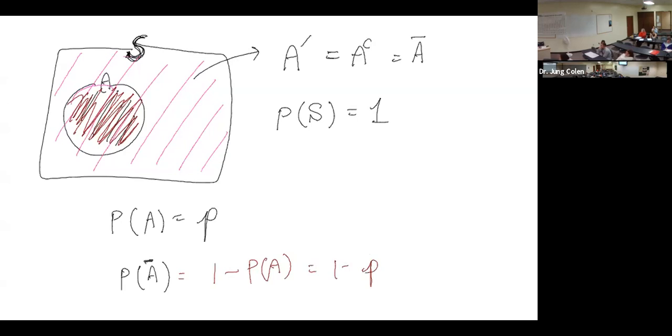So you just need to remember that the probability of an event and the probability of its complement together should always be 1. Okay? So that's the relationship. Does it make sense? Okay. So that's what it's saying here.